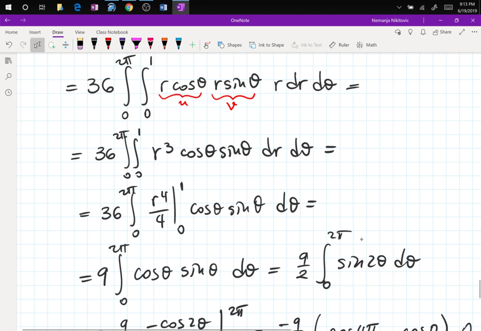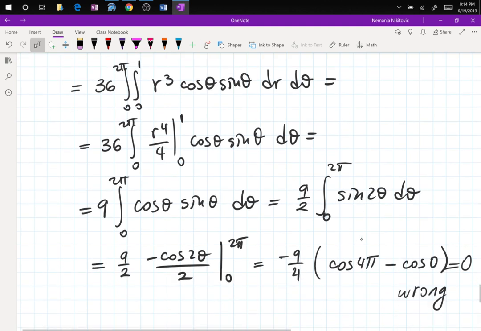So r^4 over 4, you get the cosine there. Sine 2 theta, integral of sine is a negative cosine, goes to negative 9 over 4 cosine. And you plug in 2 pi. I am overlooking something over here because we are getting 0 and I don't like it. Cosine of 4 pi is 1, cosine of 0 is 1, 1 minus 1 is 0, negative 9 quarters times 0 is going to be 0.